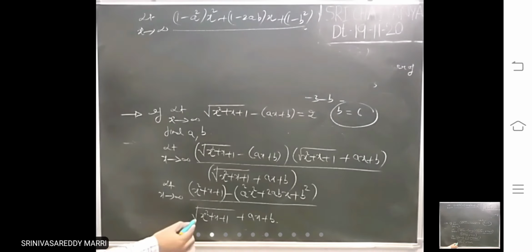So now limit x tends to infinity of 1 minus a square into x square plus... so x common. So now you can understand that degree is 1, x power 1 is there.